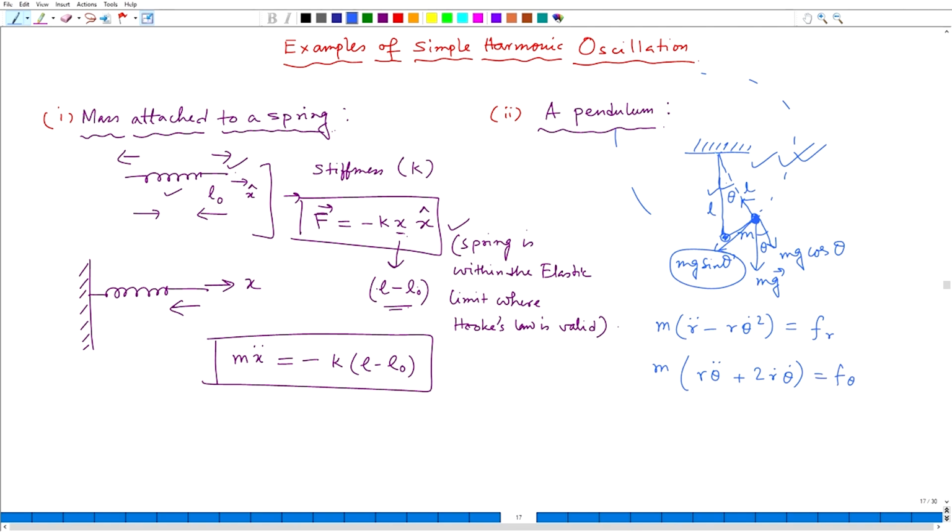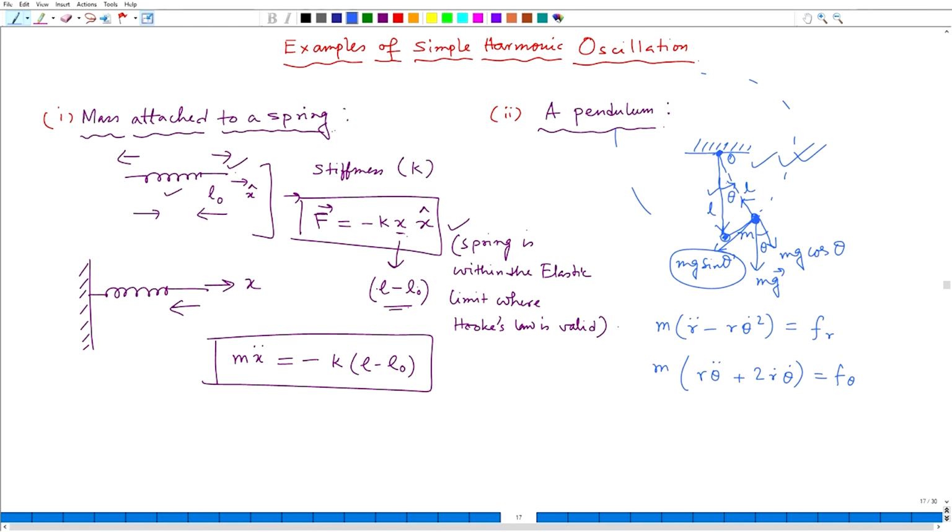Simply think of r as the instantaneous distance of the bob from the center, which is this origin O, and theta is measured from this reference direction, which is vertically downward. Theta is any angle calculated anti-clockwise. If theta is calculated anti-clockwise, it is positive; if clockwise, it is negative.